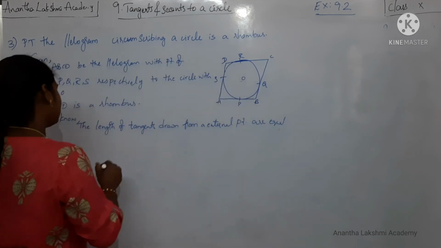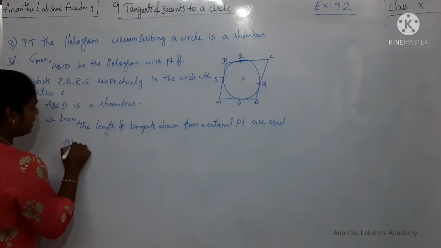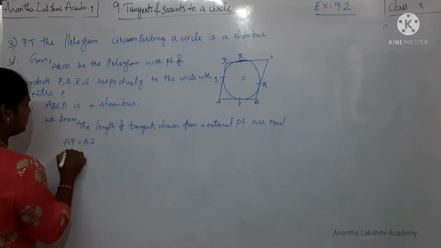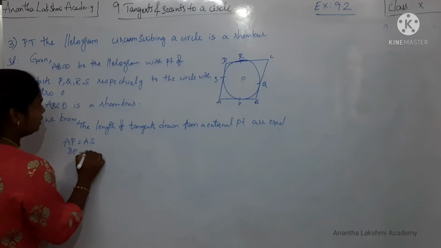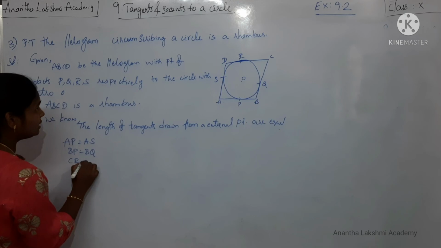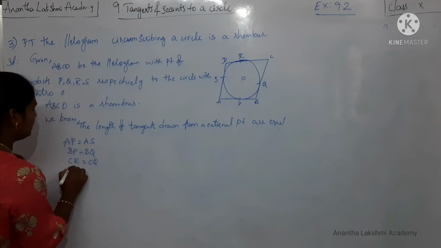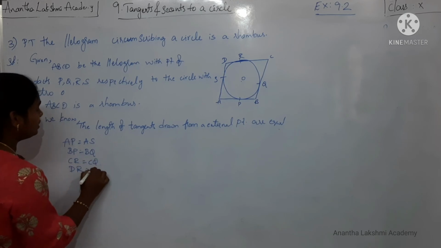So how are we going to say that? AP is equal to AS, BP is equal to BQ, CR is equal to CQ, DR is equal to DS.